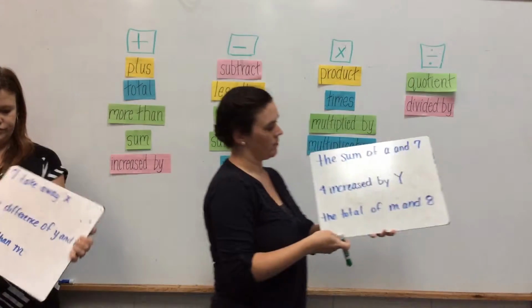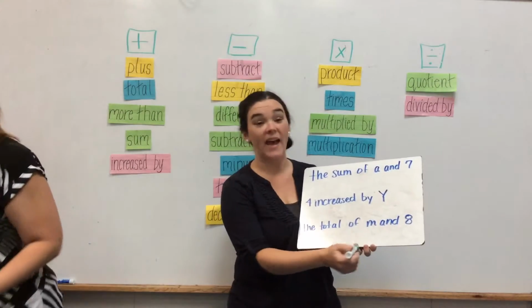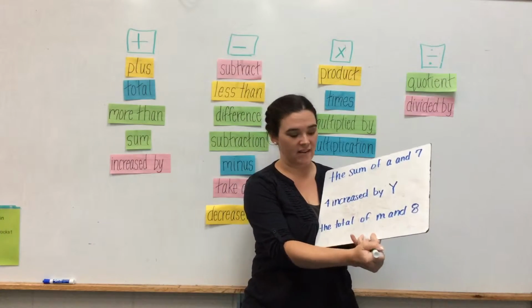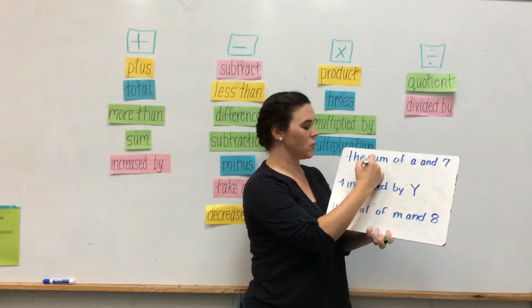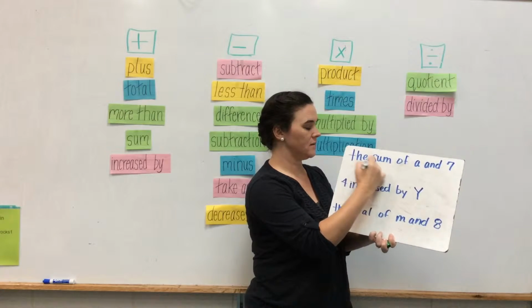Okay. The sum of A and 7. So that's going to be a plus sign.